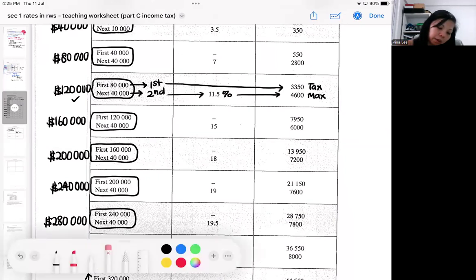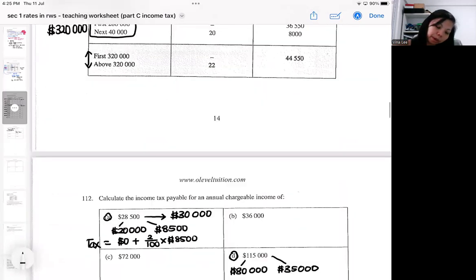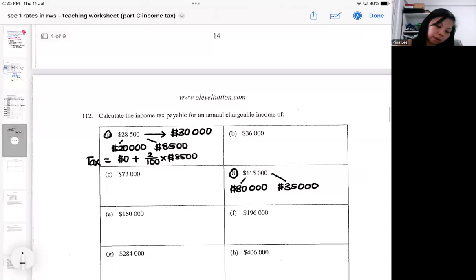Okay, so where does this 4,006 come from? This 4,006 comes from 11.5% times the second basket. The maximum the second basket can go to is 40,000. But if you look back at your scenario, we don't have 40,000. The second basket is only 35,000.